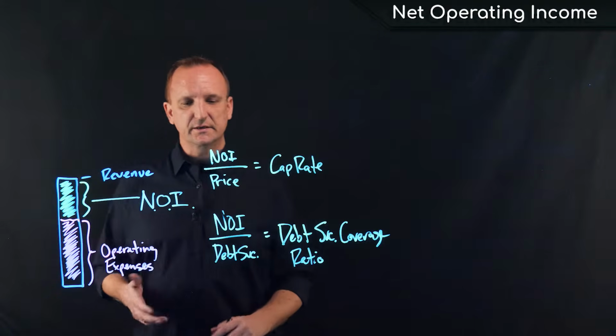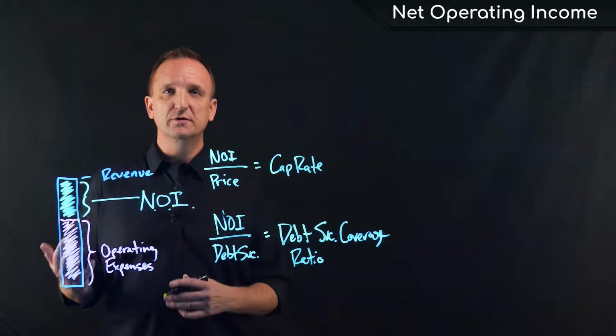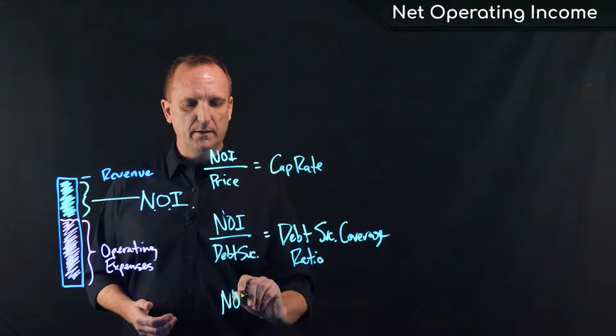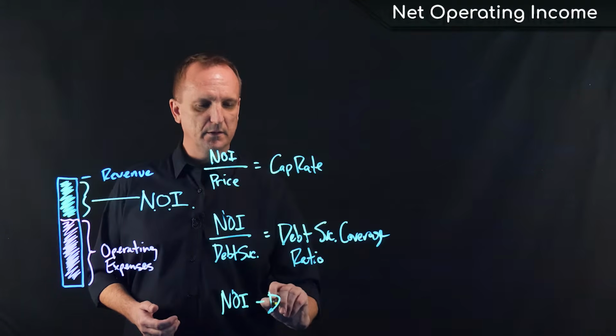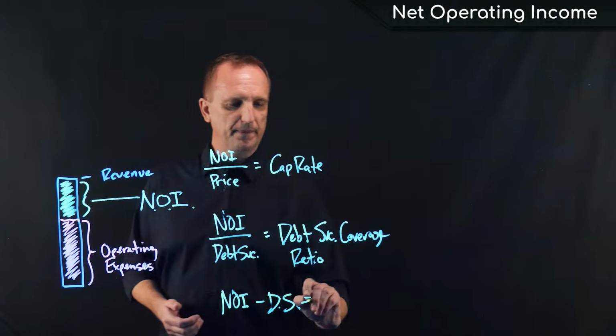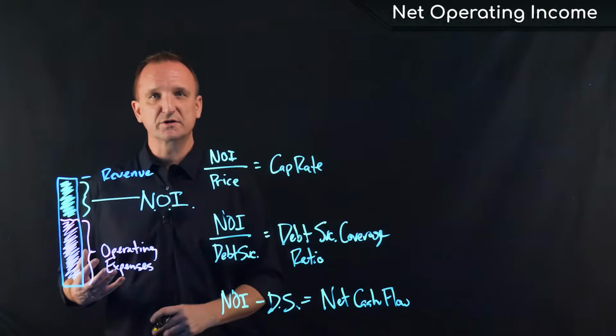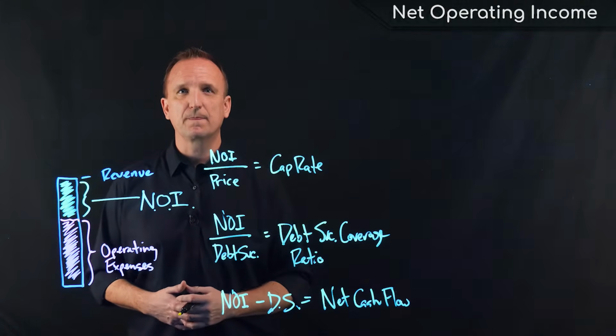And finally, since NOI is what we use to pay our debt service, if we take the NOI minus the debt service, that gives us our net cash flow, which we can use to calculate our cash-on-cash return.